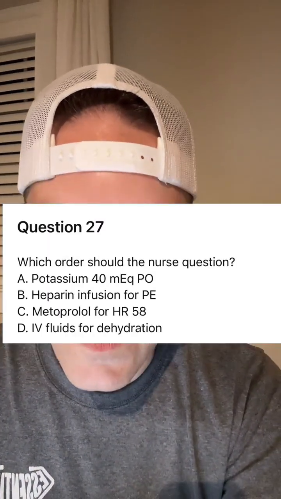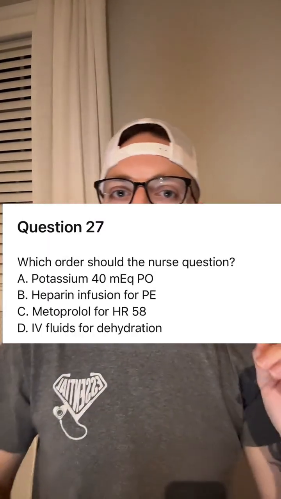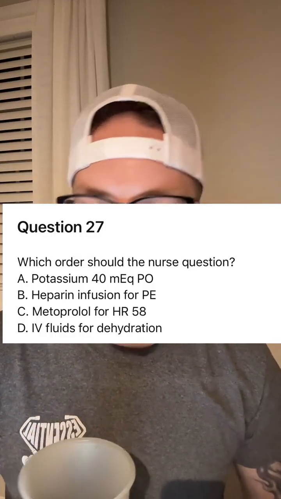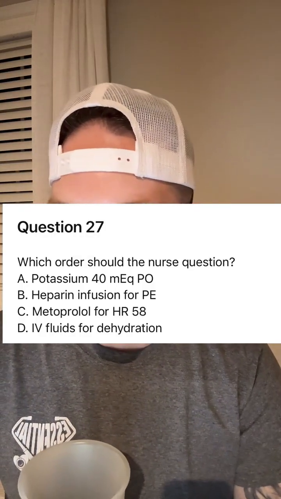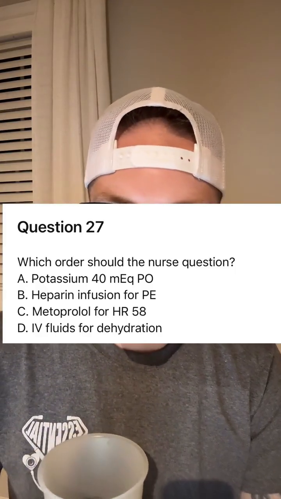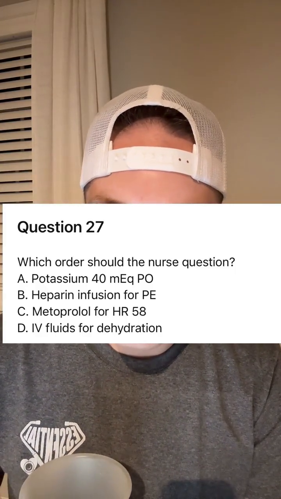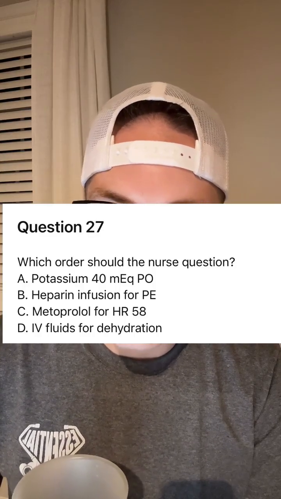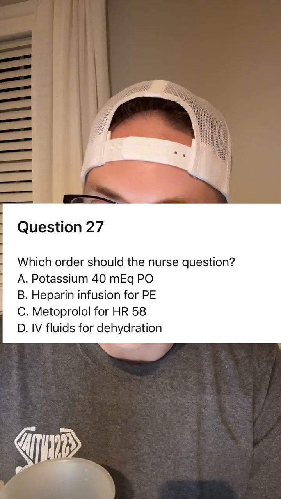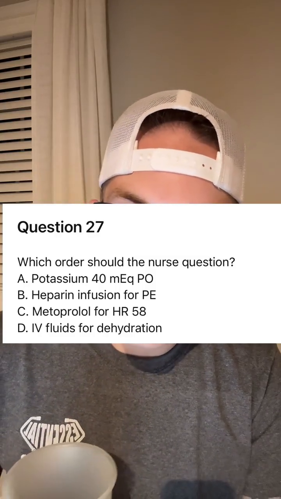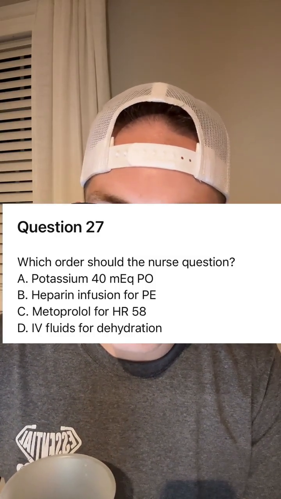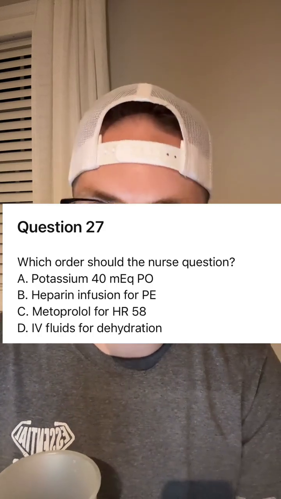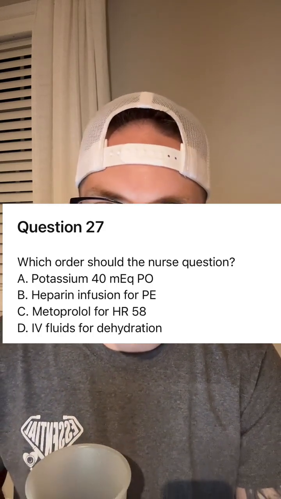All right. Question 27. Which order should the nurse question? All right, here we go. Here was that pharm question. People are saying heparin infusion for PE. Nope, that is totally normal to be on a heparin infusion for a PE.